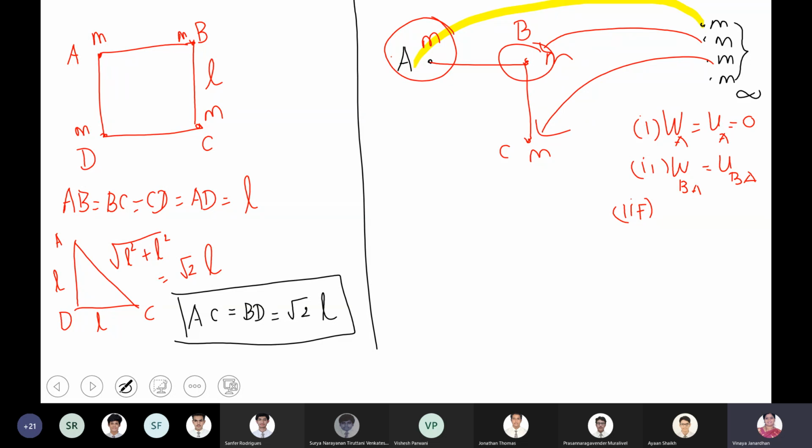A is creating a field, B is also creating a field. So here the work done will be equal to WCA plus WCB, because two fields are there. So I can write this as UCA plus UCB.